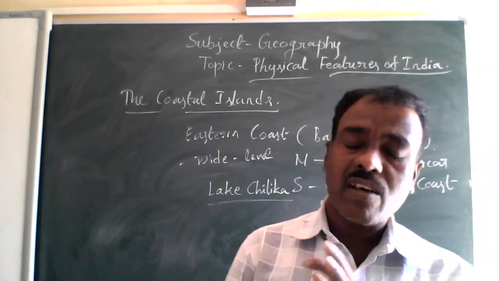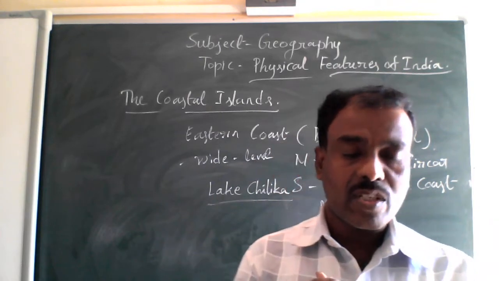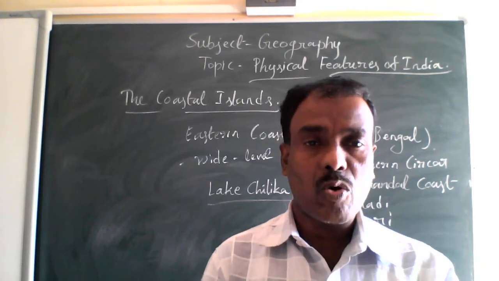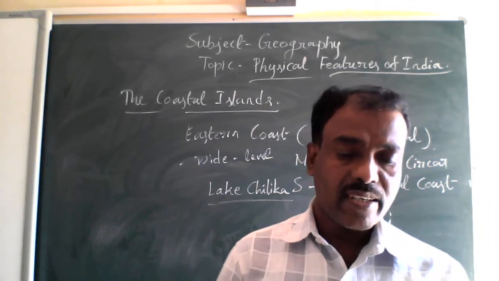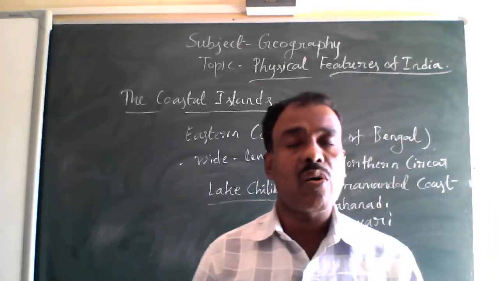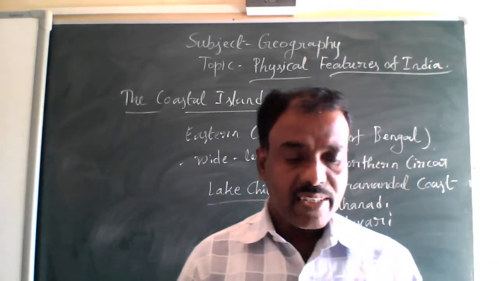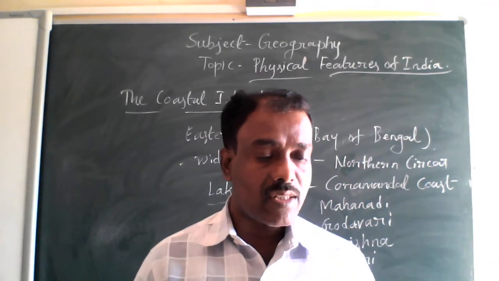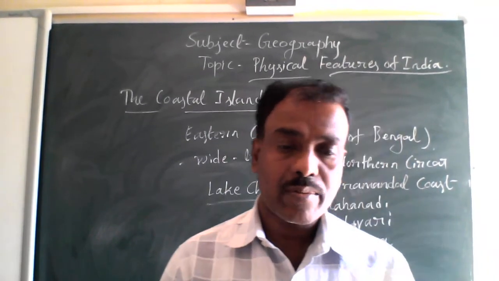It consists of three sections. The northern part is called the Konkan coast, including Mumbai and Goa, the central stretch is called Kanara plain, and the southern stretch is known as the Malabar coast.